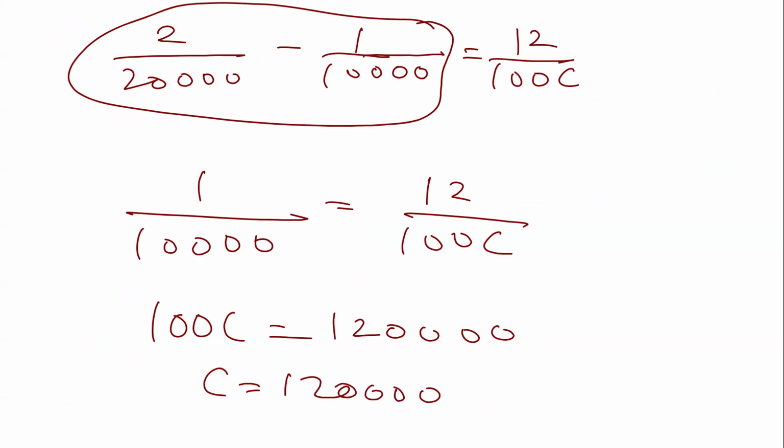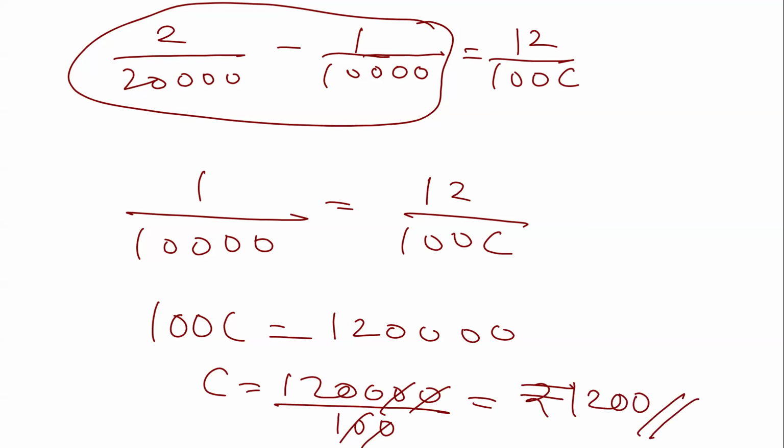C is equal to 12 with 4 zeros upon 100. Zeros are getting cancelled. Rupees 1200. So that's the answer of your question.